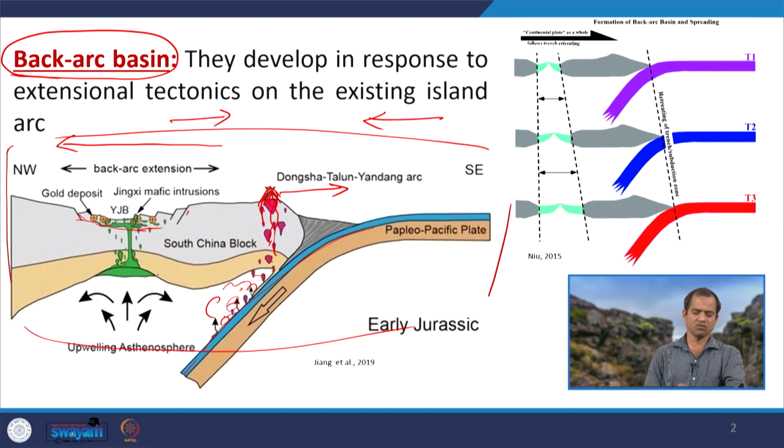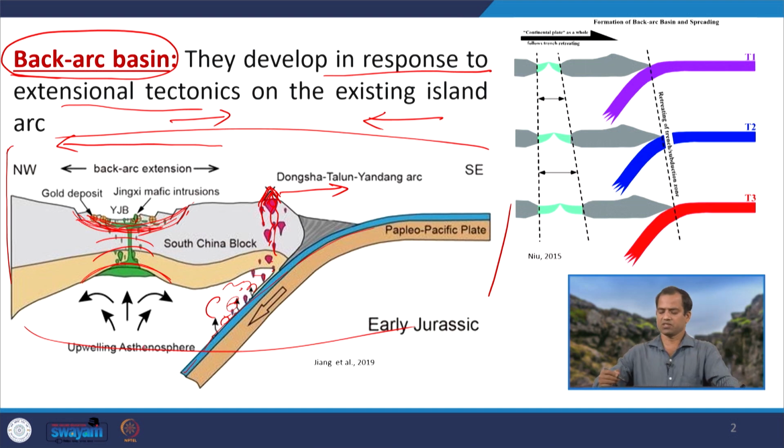So, due to this there is an extension, a stretching, and due to this extension a sedimentary basin is created here, that is called the back arc basin. So, they develop in response to extensional tectonics in the existing island arc system.